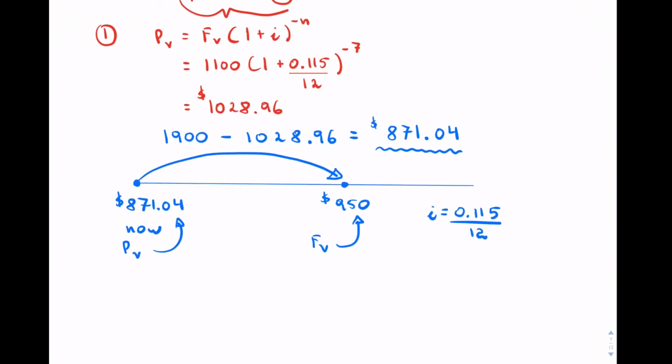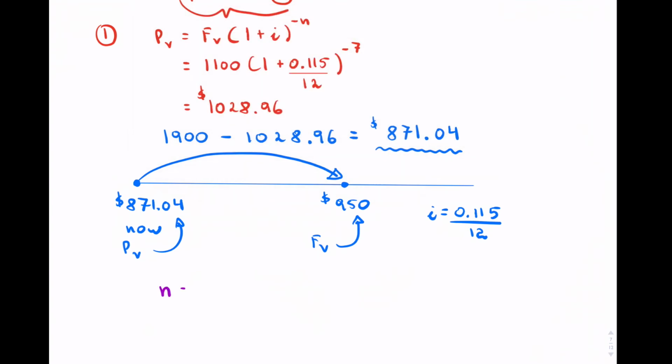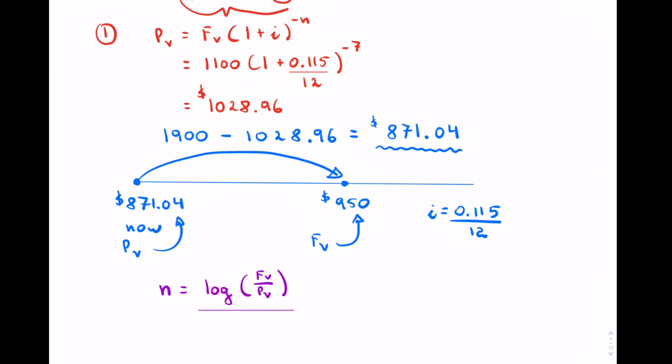This is a problem where we are solving for n, and n will be in months. What's the formula for n? n equals log of future value over present value, divided by log of 1 plus I. Future value is 950, present value still to be paid off is 871.04, and we have our I.